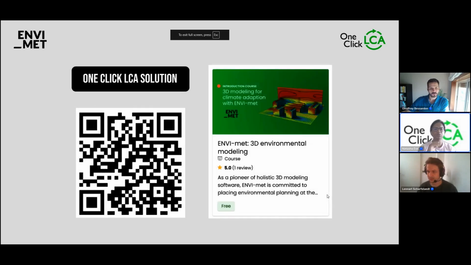So we have some resources that you can explore. One is if you go to One Click LCA, and if you go to the academy, like I said, we already have a course on ENVI-met. It's quite detailed, so you can learn how the simulation works, how it changes, how you can effectively change your design. Because as far as I know, most architects and engineers only look at internal building simulation, but we are never looking at an urban scale or microclimate simulation.